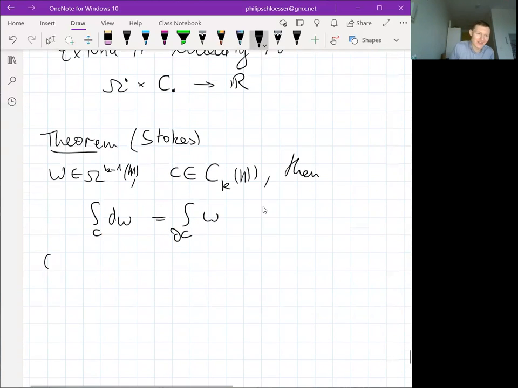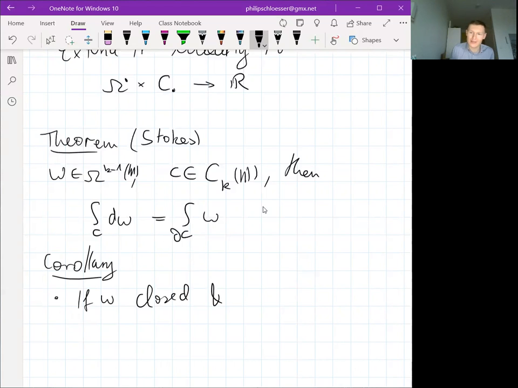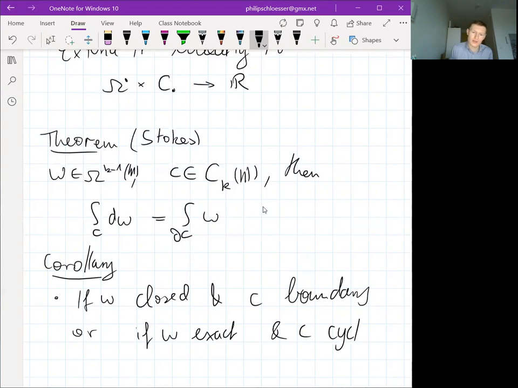And from this, we can immediately infer that if omega is closed and C a boundary, or if omega is exact and C a cycle, then this integral is 0.